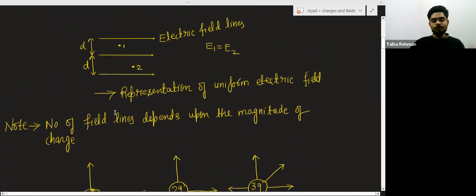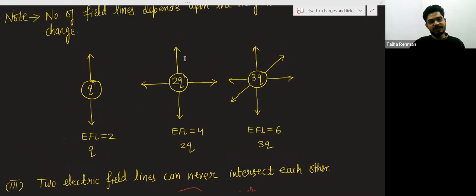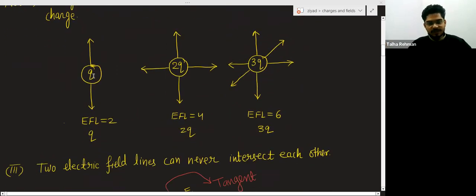One more thing here. With an example, we will try to understand each and everything. Suppose this is charge Q, this is charge 2Q, this is charge 3Q.